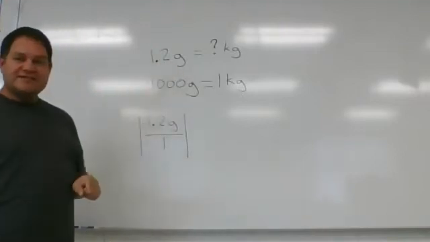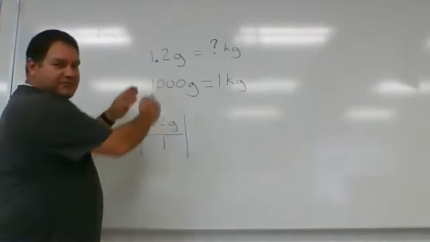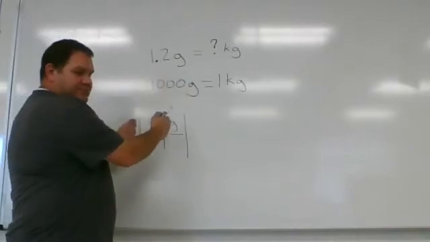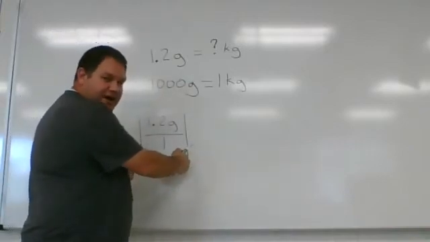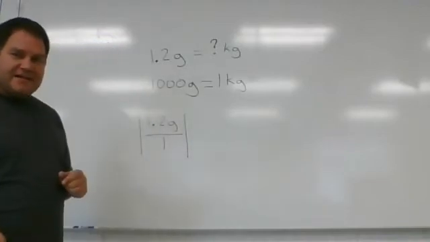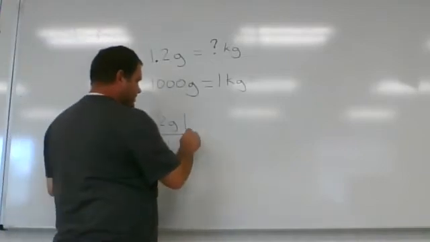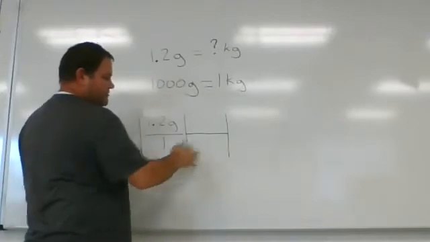Now I'm going to do this for every single conversion problem I have. I'm going to take what I'm given, place it over 1 as a fraction, and then put these brackets or posts around it, okay? And then right next to it, I'm going to make another post.